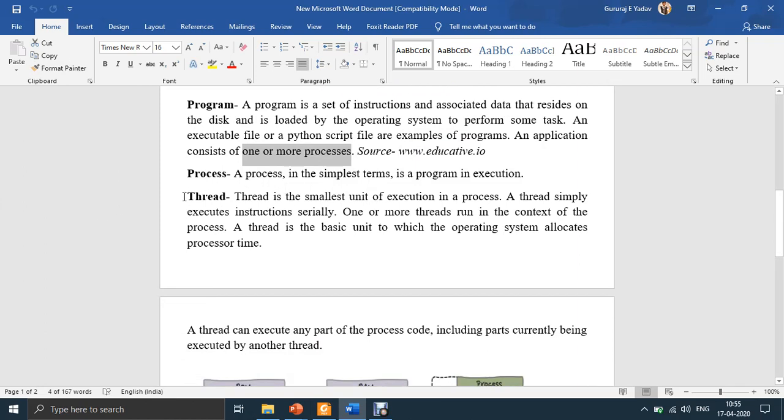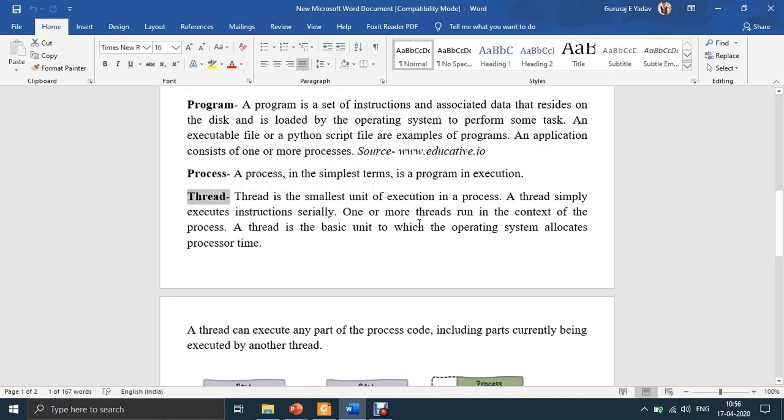Next, what is a thread? A thread is the smallest unit of execution in a process. A process is again divided into threads, which are smaller units of execution. It is just like this: a program is a human being, a process is an organ in the human being, and a thread is a cell.